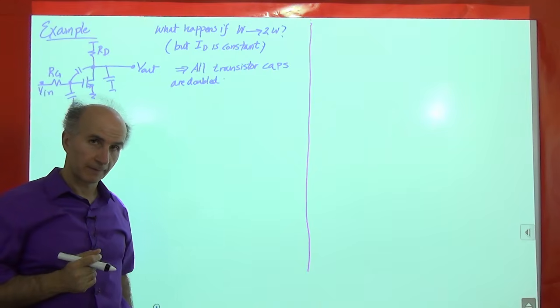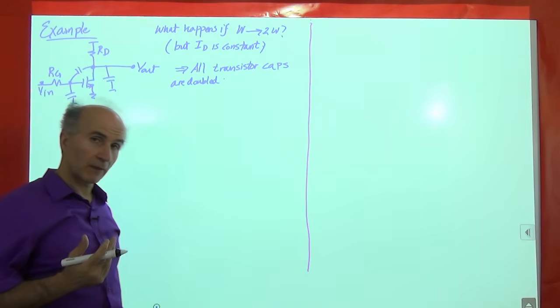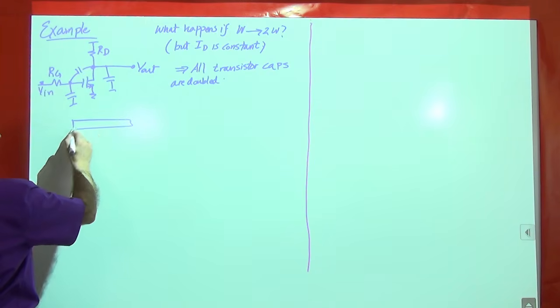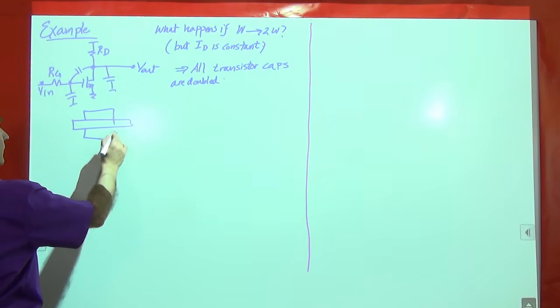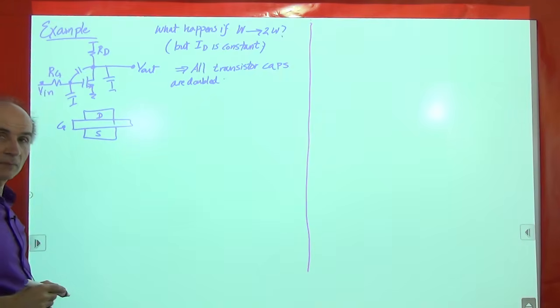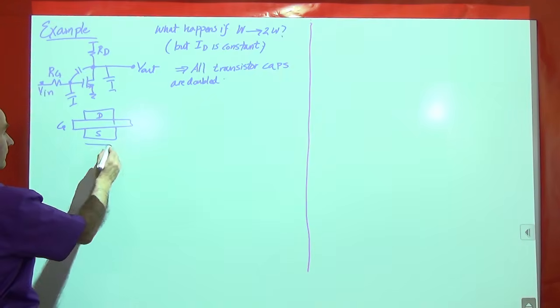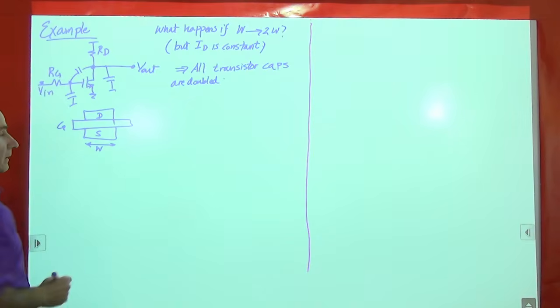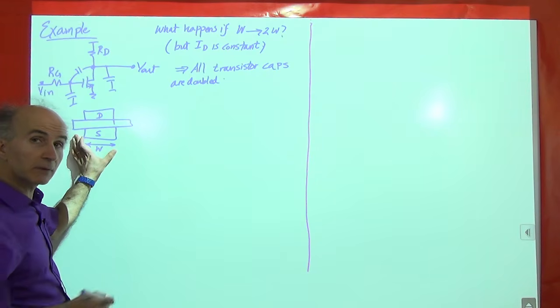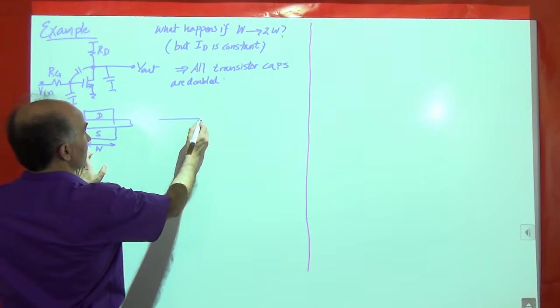also doubled. Why? You can think of it like this, that if let's draw a MOSFET looking from the top. So this is the gate and source and drain, right? And it has certain W. Now, when I make this 2W, it is equivalent to something like this.